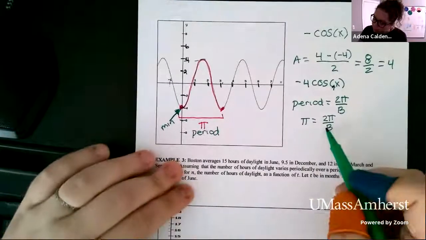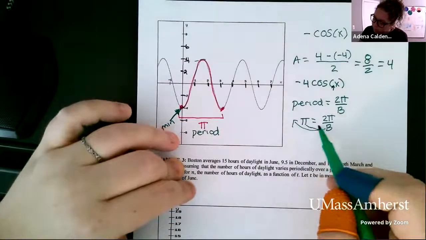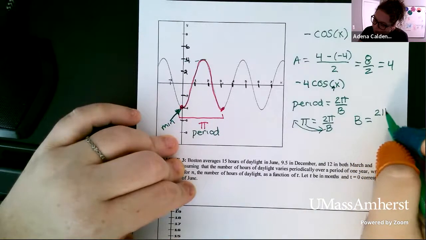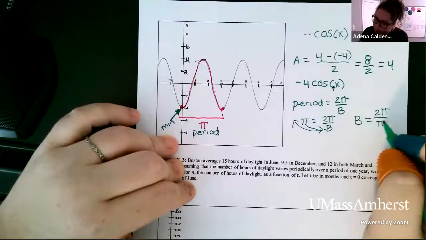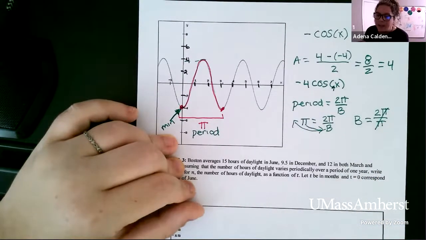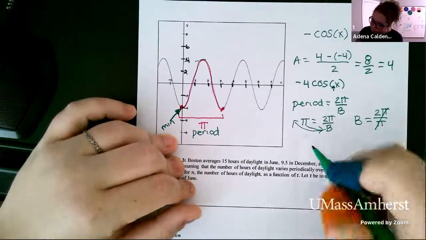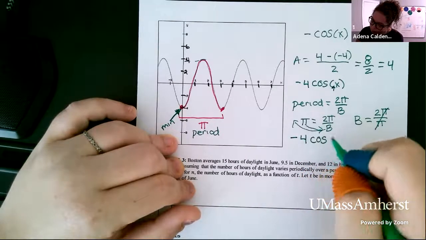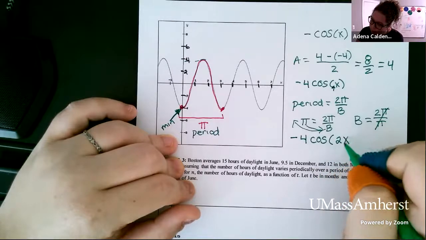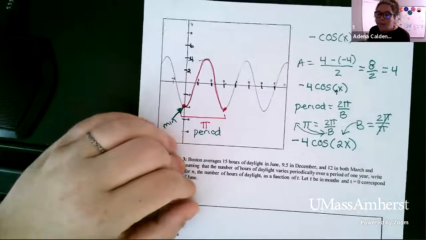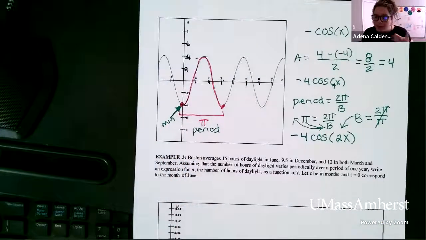We can multiply the b up and divide the pi down to give me b equals 2 pi over pi. The pi's will cancel, and that tells me that my b equals 2. So that means I have -4 cosine of 2x. So again, your b is going to go in there and multiply your variable, which here is x.